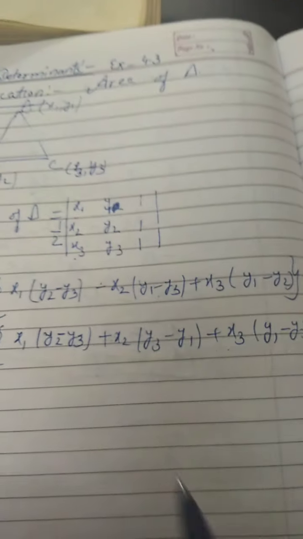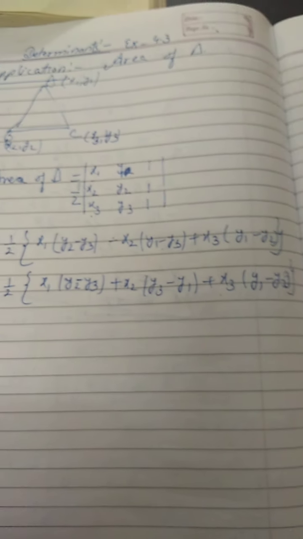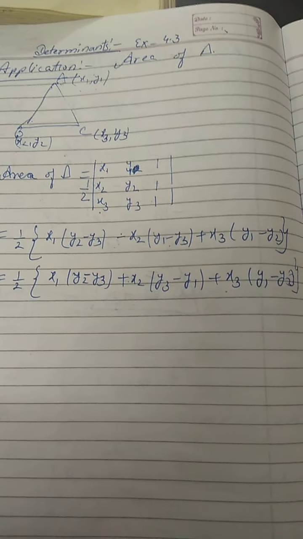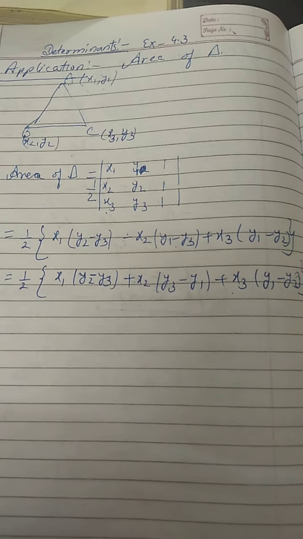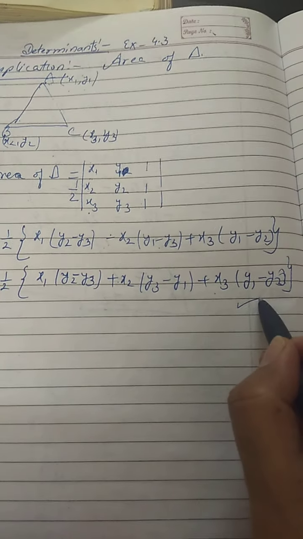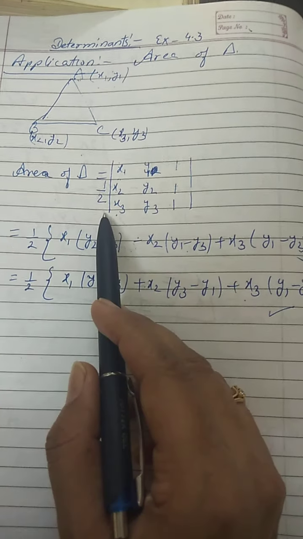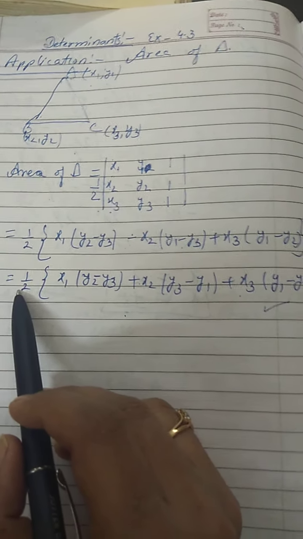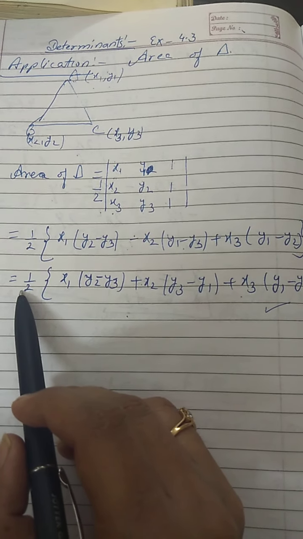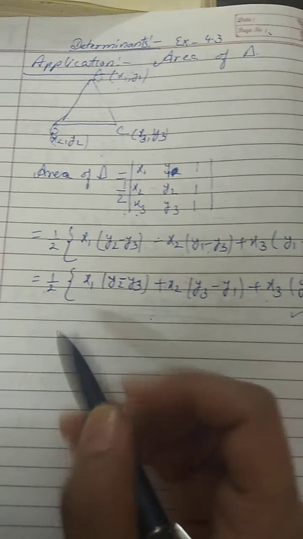I hope you got the idea where this formula is coming from, right? When we have a triangle with three vertices, this formula you used in junior classes, and this is how it comes with the help of determinants. This 1 by 2 comes before it. So this is the first application of determinant: if the vertices are given, how we find the area.